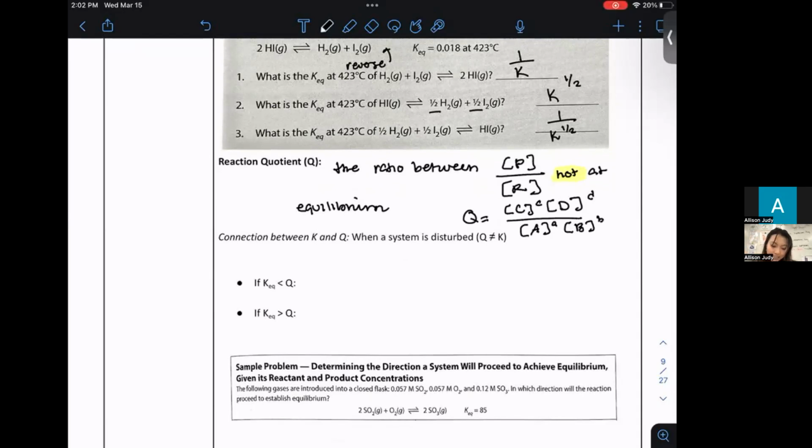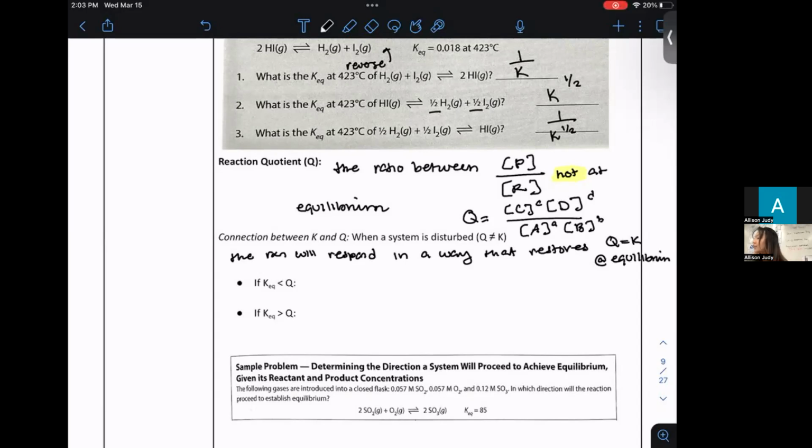So what we say is that we can use the relationship when a system is disturbed, the reaction will respond in a way that restores Q equal K, which is equilibrium.